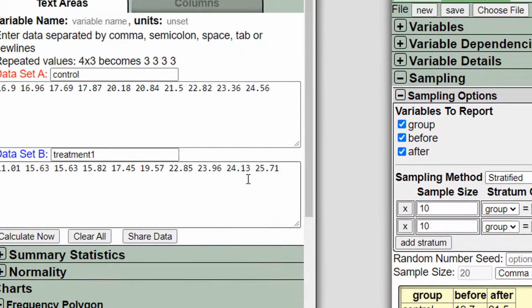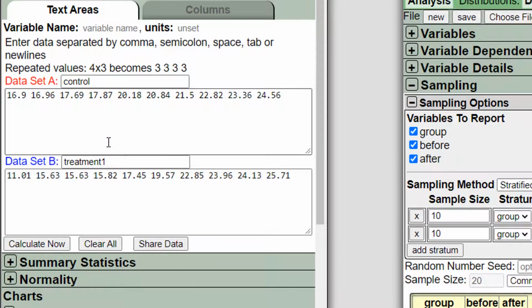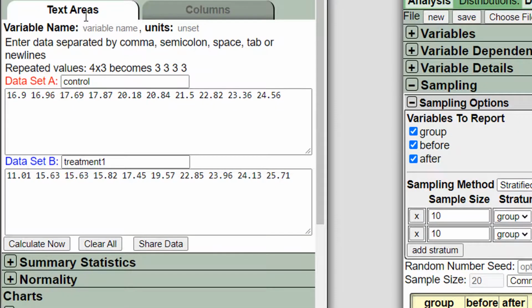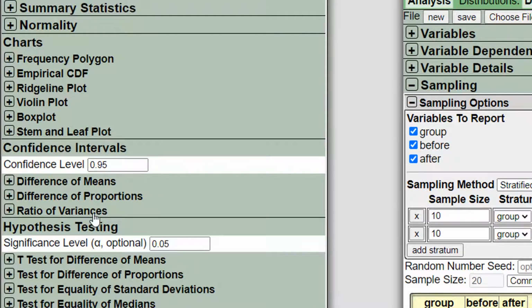So I just want to show you, if you have two independent samples, we have the control group and we have treatment 1, the non-parametric tests that have been added to look at this are found down here. Actually, we have a couple of them.